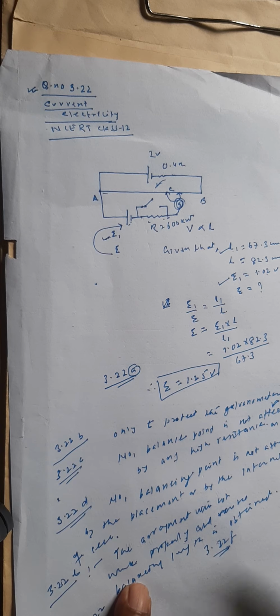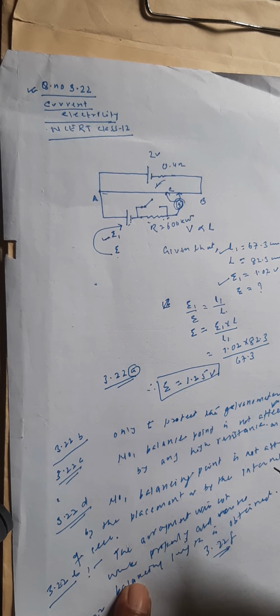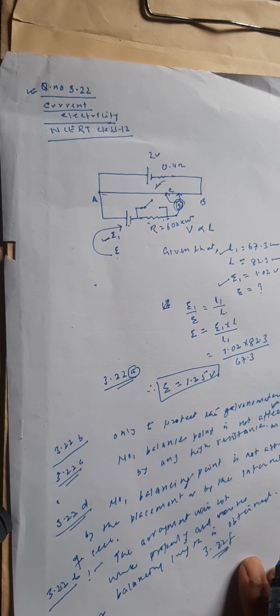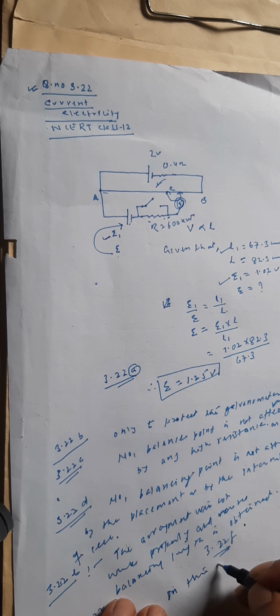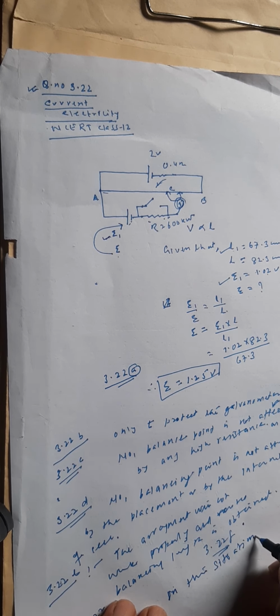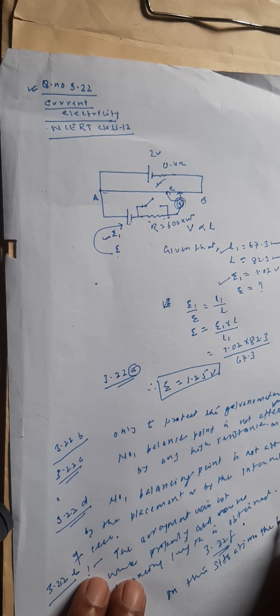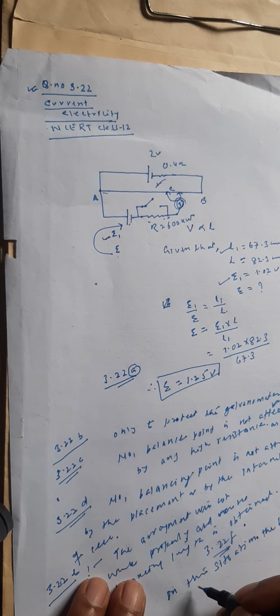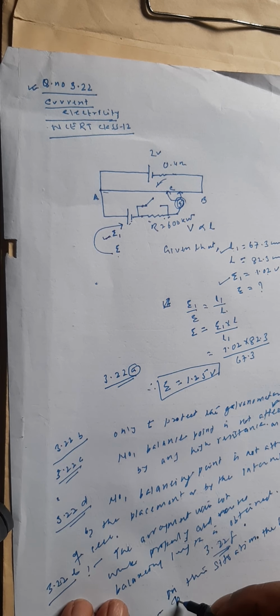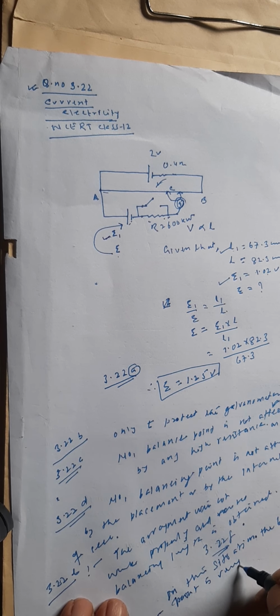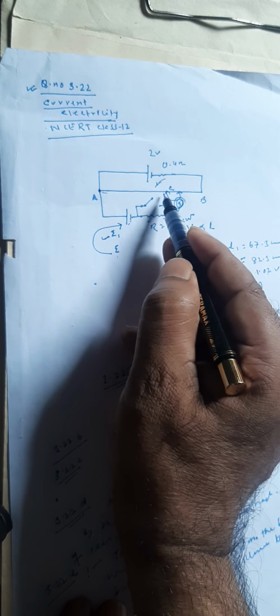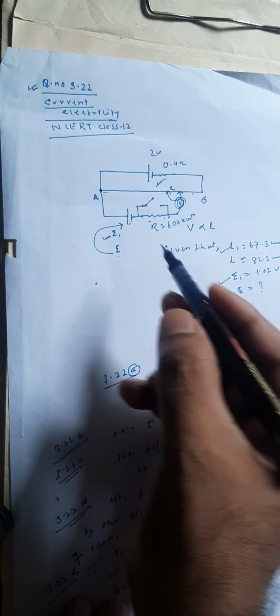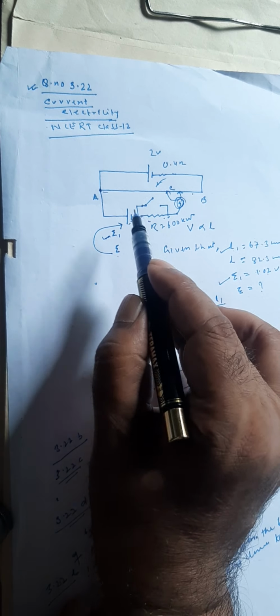If not, how will you modify the circuit? It is very difficult to obtain the balancing point, because in this situation the balancing point is very close to the point A, and if a high resistance is added in series, then a suitable balancing point can be obtained.